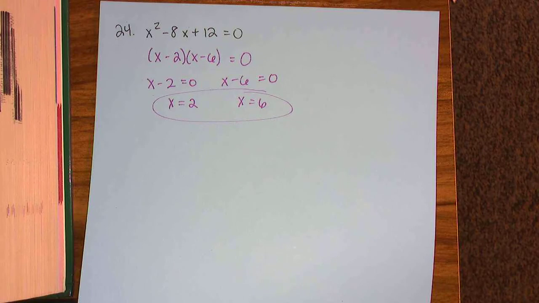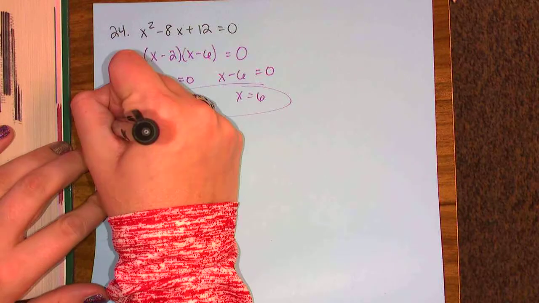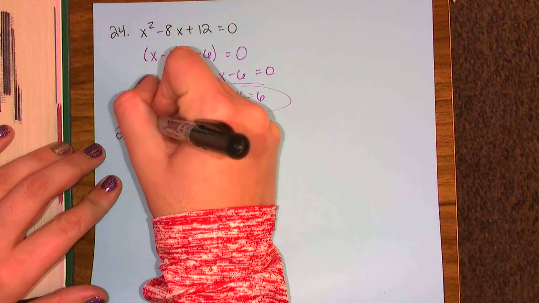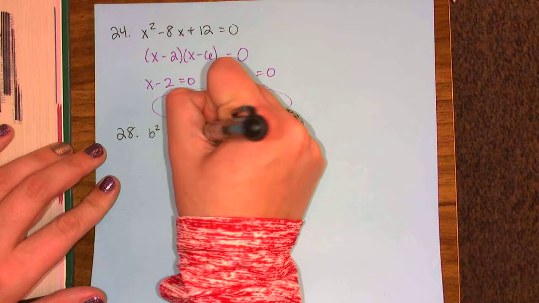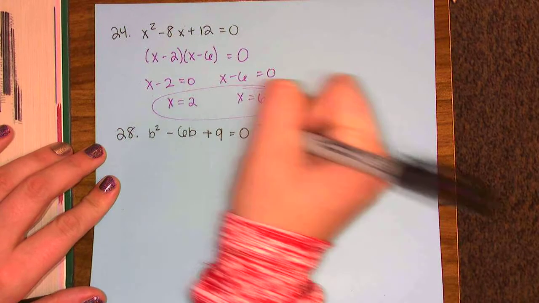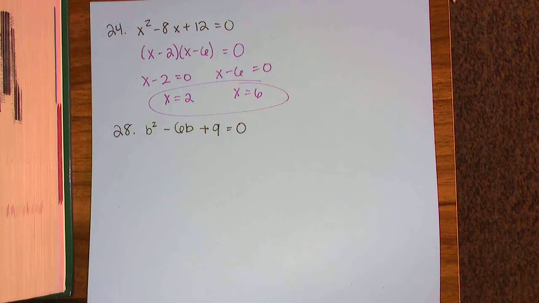Let's look at 28. b squared minus 6b plus 9. I want you to pause for a second and think, what does this look like?